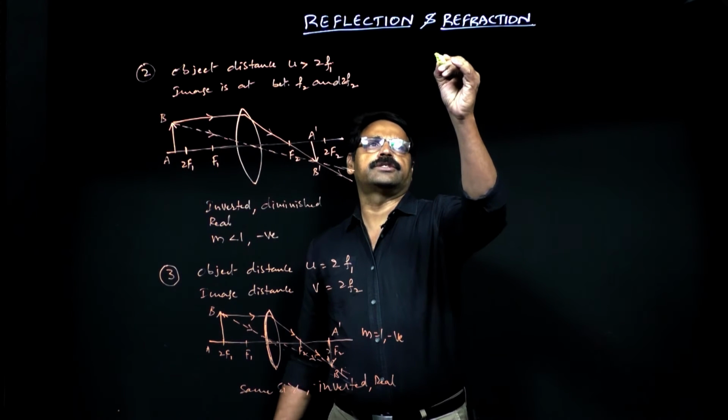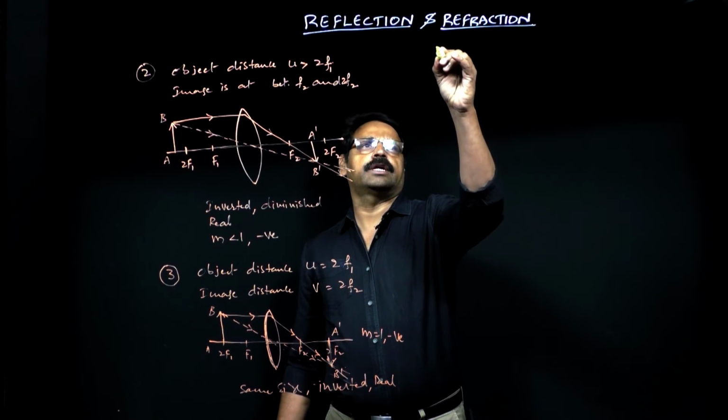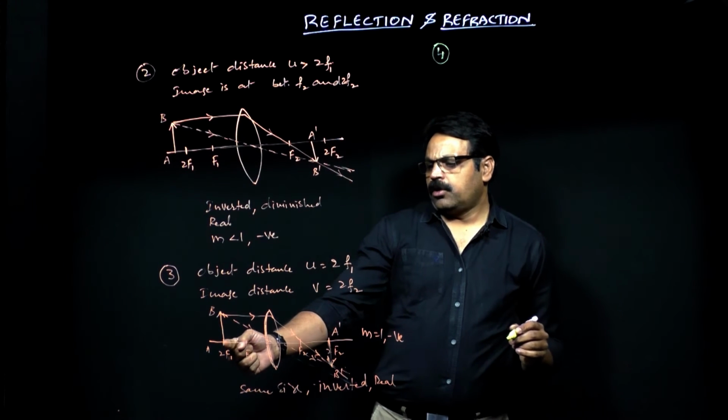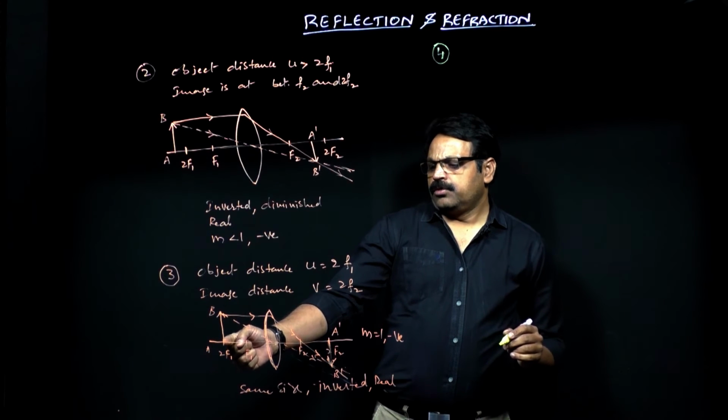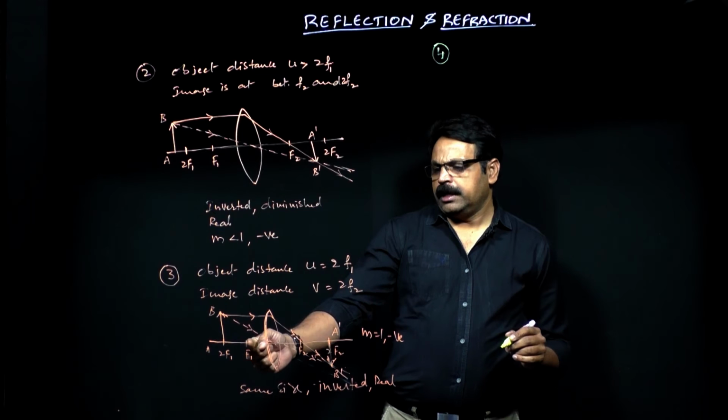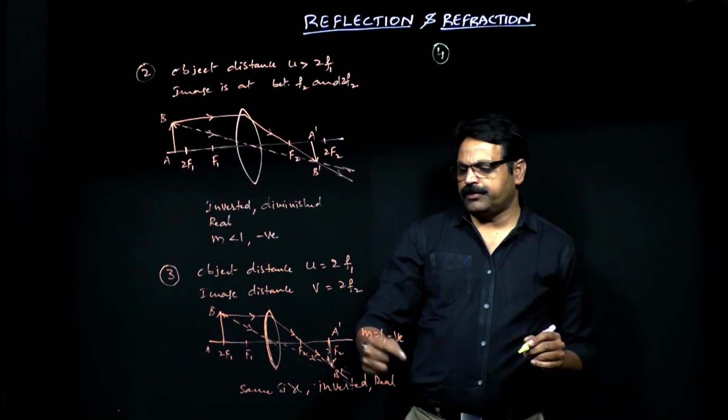Now look at the next case, the fourth case. If the object is moved from 2f1 towards f1, the image should be beyond 2f2.